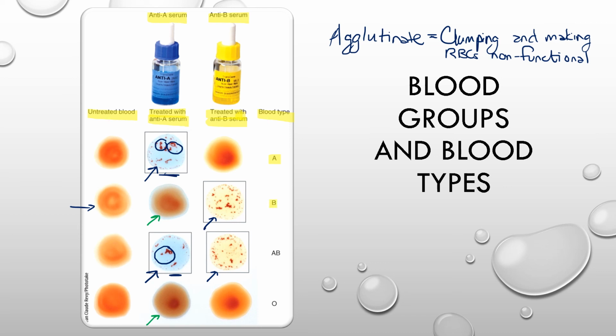So we would say that blood would be type B blood. Those red blood cells have B antigens on them. Our third row, this blood agglutinated both with the anti-A and anti-B serum. So these red blood cells contain both A antigens and B antigens. So this would be an AB blood type.